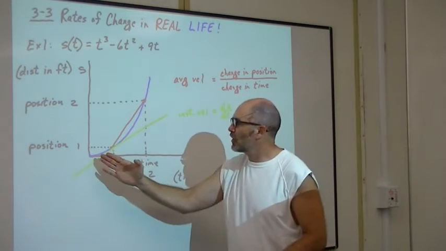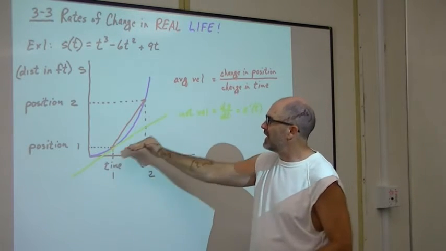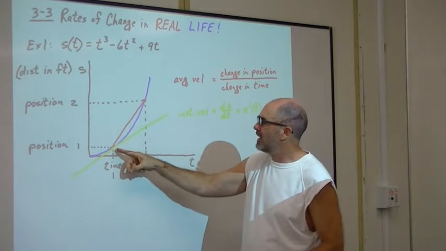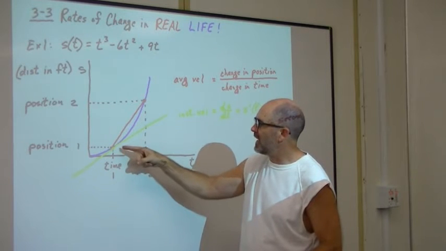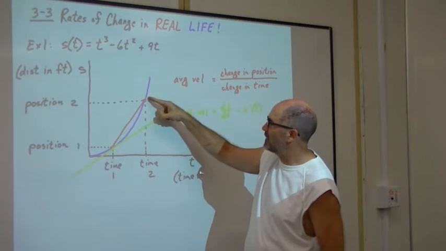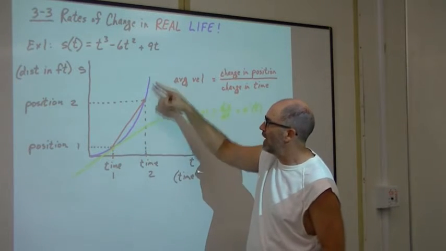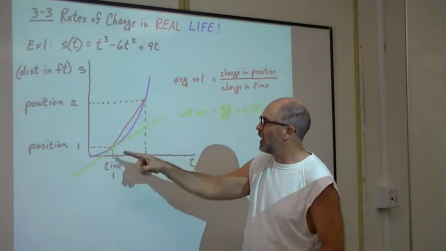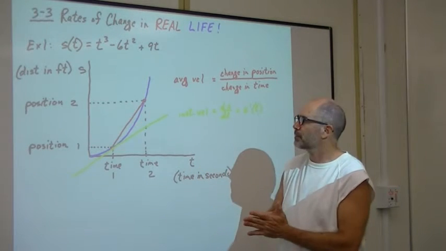And notice the curve is getting steeper and steeper as you go. So the instantaneous velocity at time 1 is much less than the instantaneous velocity at time 2, and the average velocity would be somewhere in between the two.